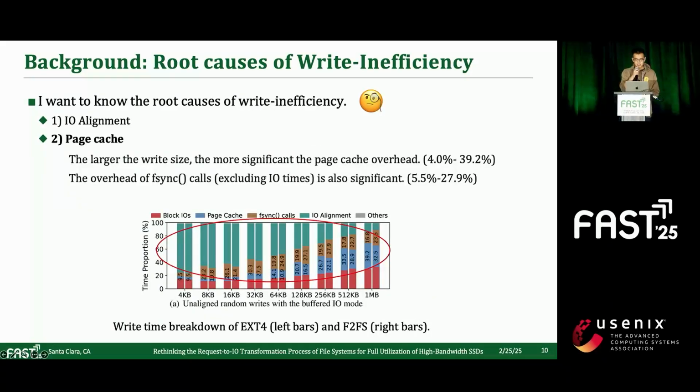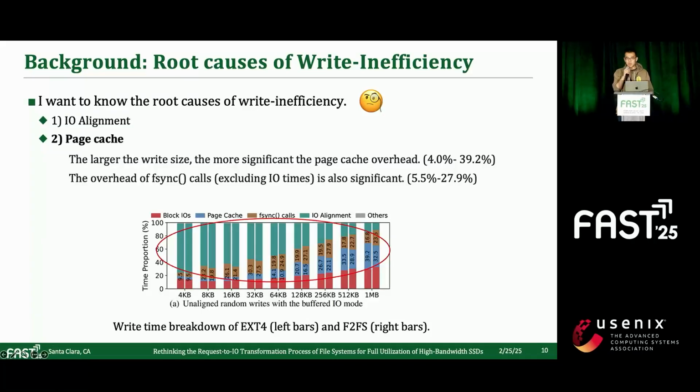To analyze the page cache overhead, we performed a breakdown analysis for ext4 and f2fs. As expected, the alignment overhead matches what we discussed earlier, shown by the top bar. We also found that as the write size increases, the page cache overhead becomes more significant.